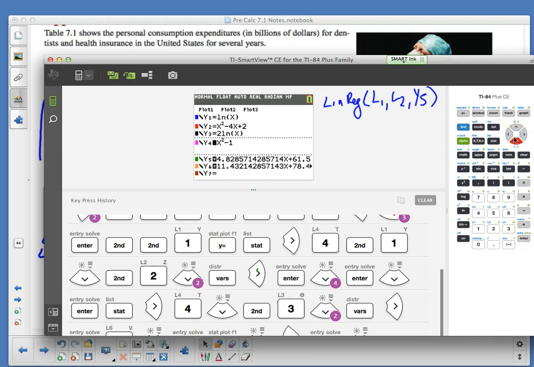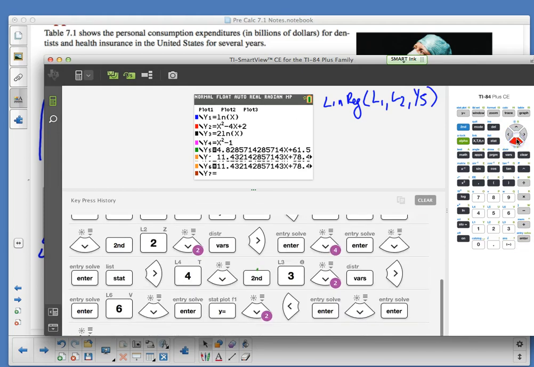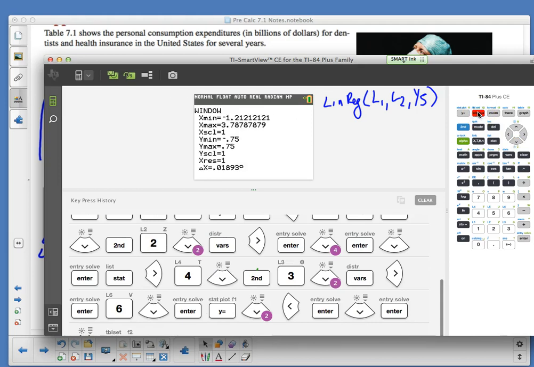unselect Y3 and Y4, check my window for my values. Okay, my window, as I'm looking through my numbers here, I'm going to go back -5. I might go back -10. So -10. I'm going to go up to 10. For my X values, left and right.